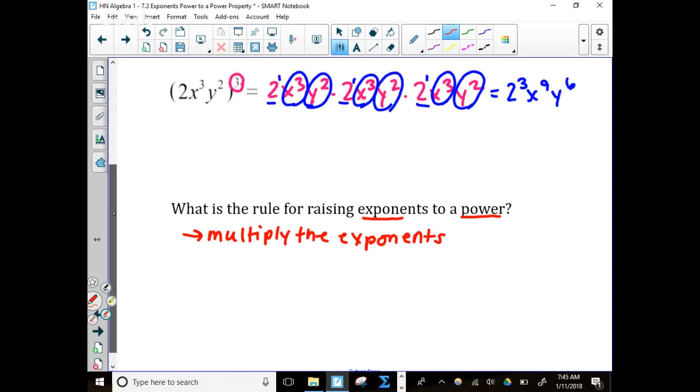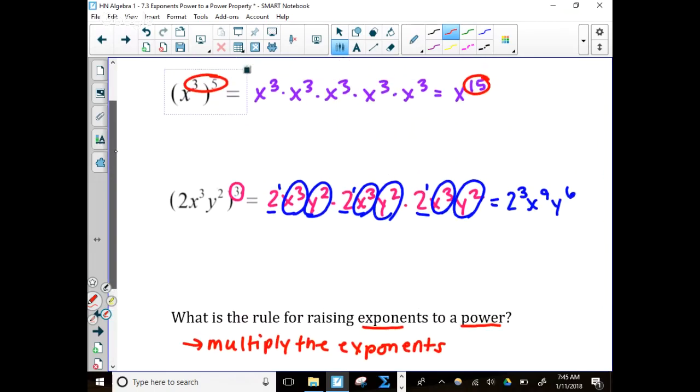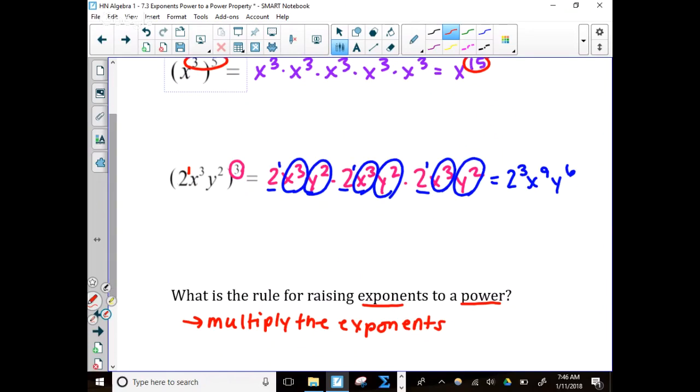Okay. Now, I do want to point something out here. In the second example, I wrote it in the example, but this is 2 to the first, x to the third, y to the second. So again, the shortcut is to multiply all of the exponents. I want you to note, because a lot of students, when we talk about this, say that this is the distributive property. This is not the distributive property.